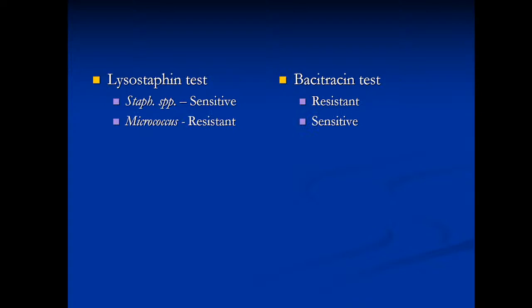Lysostaphin, from the name itself, will lyse Staphylococcus, and therefore it will have a sensitive result. On the flip side, Micrococcus will be resistant to lysostaphin. The opposite can be said for bacitracin. Staphylococcus is resistant to bacitracin, while Micrococcus is sensitive.